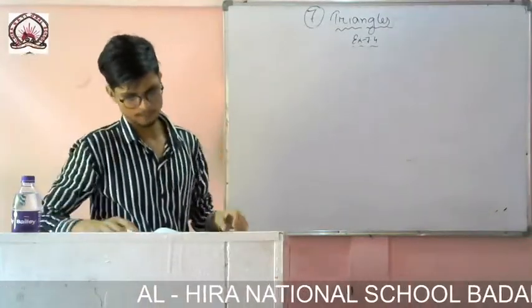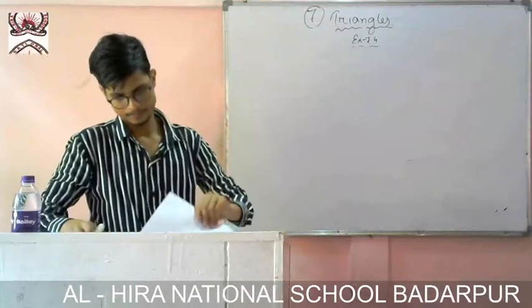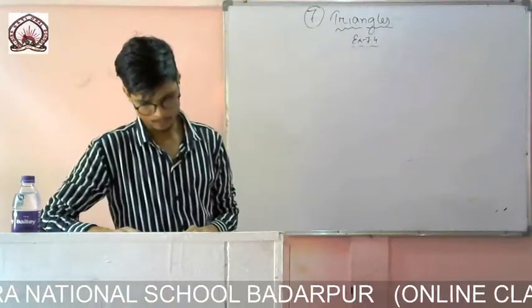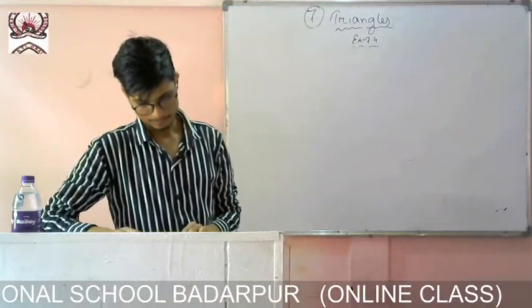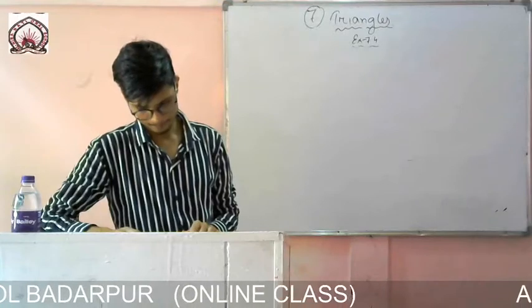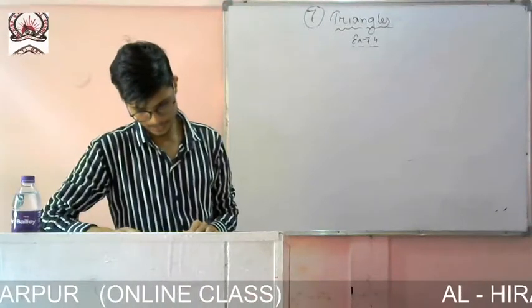Now question number 5. In the figure, PR is greater than PQ and PS bisects angle QPR. Prove that angle PSR is greater than angle PSQ.